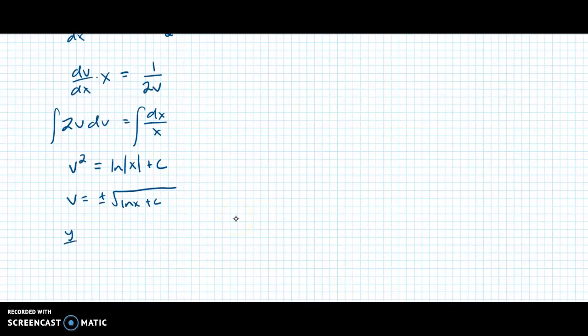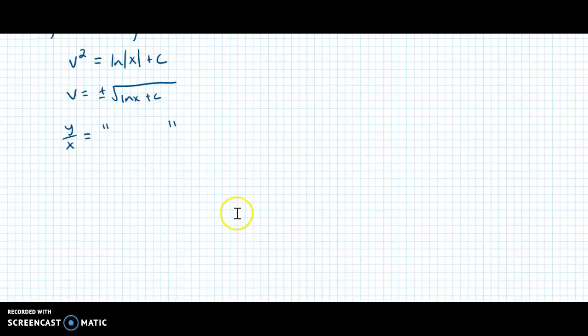So that gives me y over x equals, right side doesn't change, and then I can multiply by x to get y equals, I should put my plus or minus out front, plus or minus x times the root of ln x plus c.